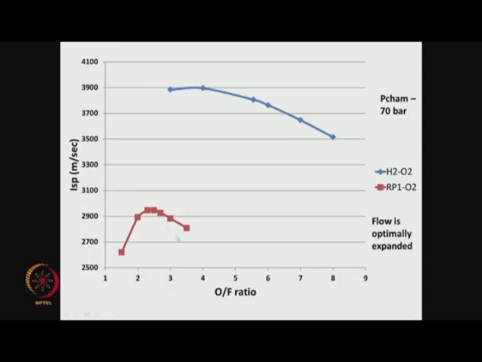The red line indicates kerosene oxygen, and the blue line indicates hydrogen and oxygen, and the chamber pressure is 70 bar, and the flow is optimally expanded. So, you find that you need an O by F of around 5.5 to get a very good specific impulse, whereas with liquid oxygen and kerosene you need somewhere around 2.5 to get a very good specific impulse.